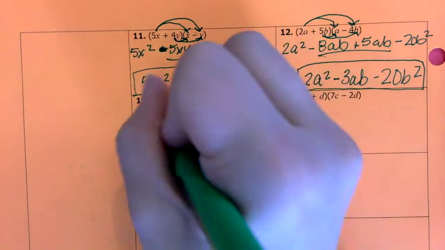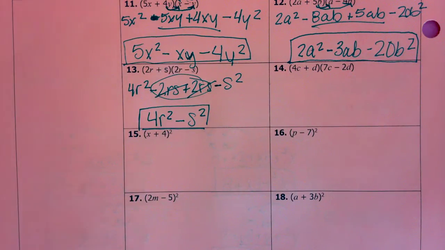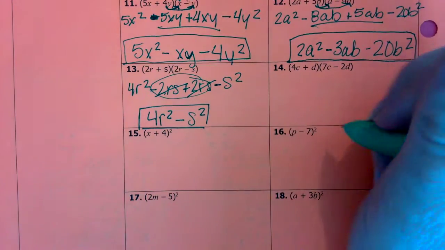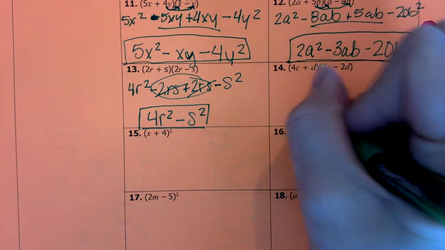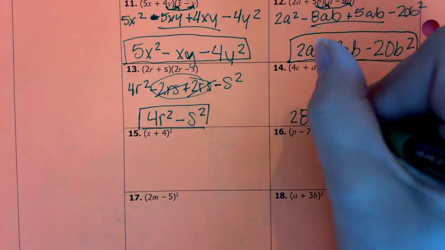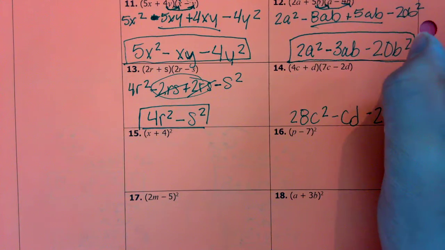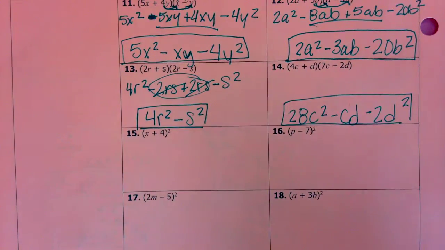So these two right here in the middle canceled each other out. Okay, now on here, when you multiplied and simplified, you should have gotten 28c squared minus cd minus 2d squared. So we have that one there.